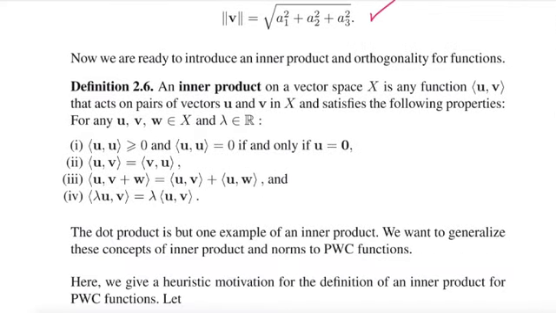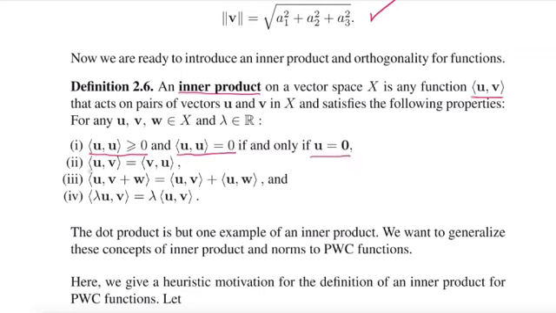And now we generalize this definition. So what we had as a dot product, now we call an inner product. An inner product on a vector space is a pairing (u, v) which has the properties of the dot product. Meaning, if I multiply u with itself, it's always larger or equal to 0. If I multiply u with itself and get 0 out of it, then u has to be 0.